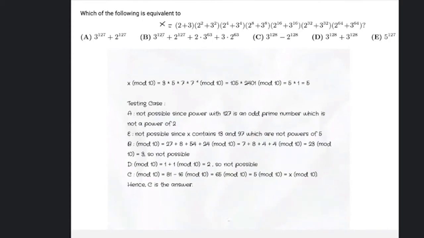And what we did over here was that we applied the rules of modular arithmetic where multiplication is involved.